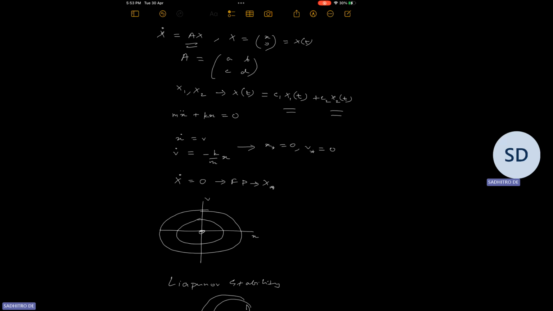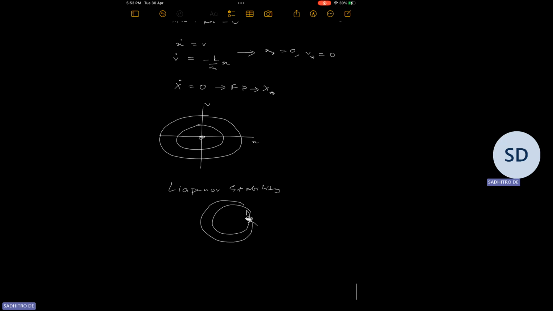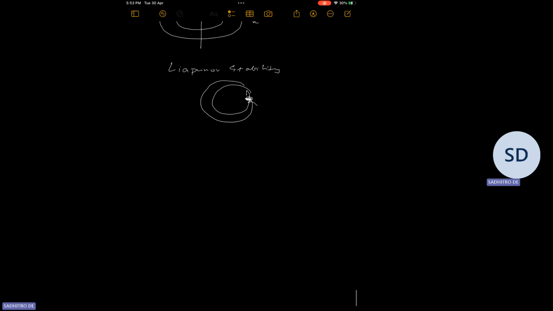We have to find the eigenvalues and the corresponding eigenvectors. Since it's a two-dimensional system, we'll get two eigenvectors in most cases, though there are a few exceptions where one does not exist. But in most cases, two eigenvectors are sufficient to form the basis vectors which span the whole two-dimensional space. So that's what we'll do.